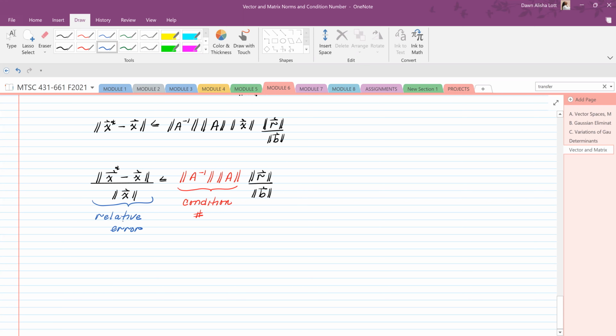Okay, in approximating x by x star. And then this guy over here is the residual error. Okay, so that's the relative residual.